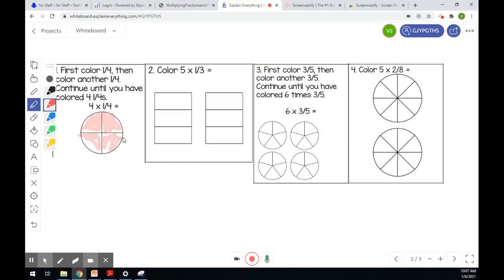All right, when I regroup these, I know that I've pretty much drawn 1 whole. So then 4 times 1/4 equals 1 whole.